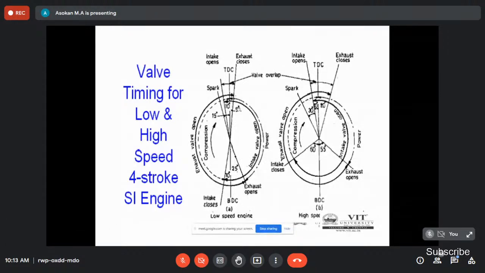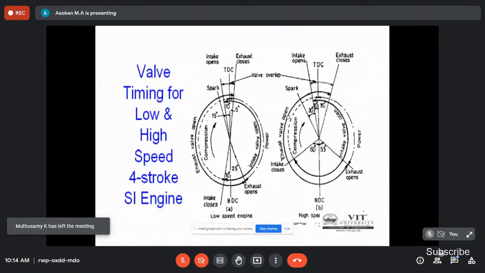Then the intake valve closes after 10 degrees after BDC. But in the case of the high speed engine, the intake closes 60 degrees after BDC. It takes a larger angle of suction. What is the reason? Due to high speed, there is no time to suck the fuel mixture. That's why you increase the duration. Then again compression, and at the end of the compression, say 15 degrees before TDC, it gets ignited.